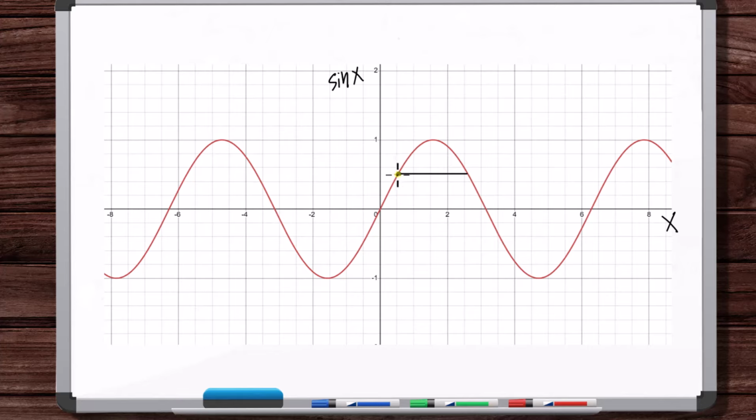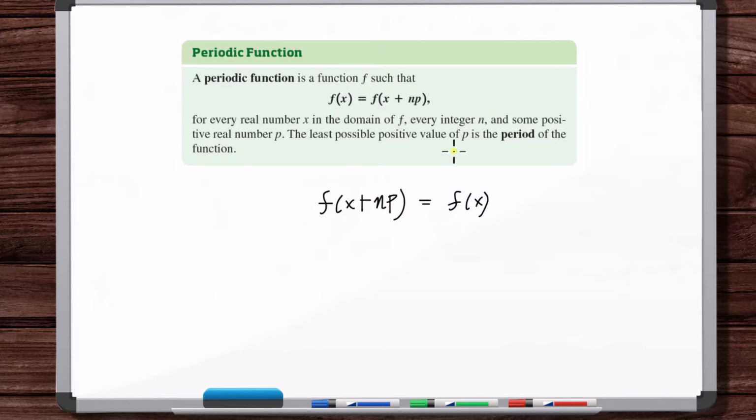Well, this point, I could go pi over 2, and it would come back onto the curve, but you can see not every single point is going to lie on top of the original curve. There's no way I can do that with a shift that's less than 2 pi for the sine or cosine functions. Okay, and so that's what the period means for a periodic function.